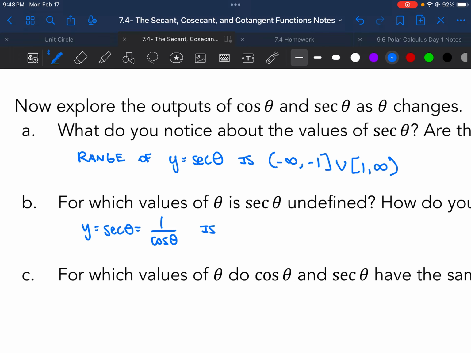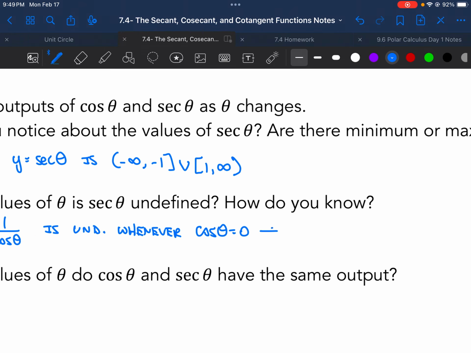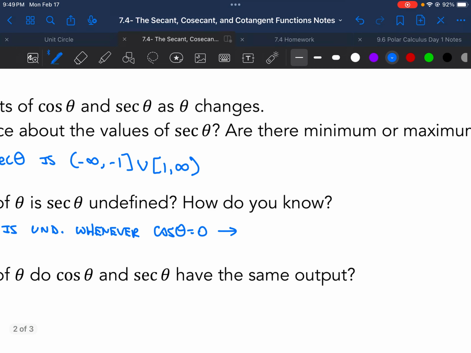This is going to be undefined whenever cosine of theta is equal to 0. Cosine of theta is equal to 0 at pi over 2, 3 pi over 2, 5 pi over 2, all those odd pi over 2s.